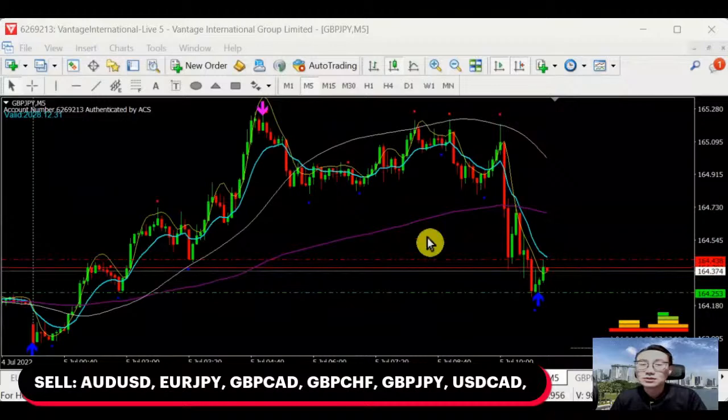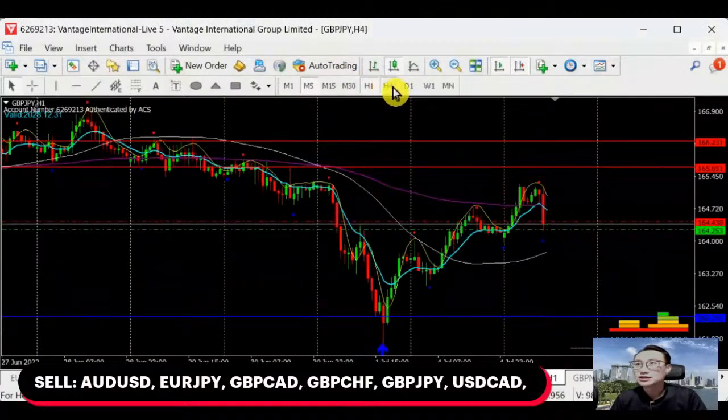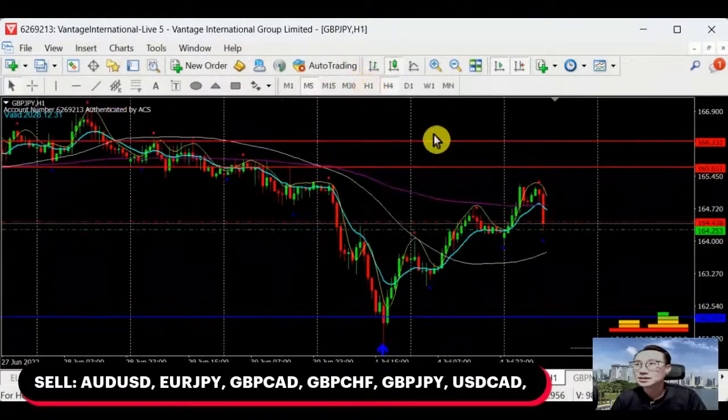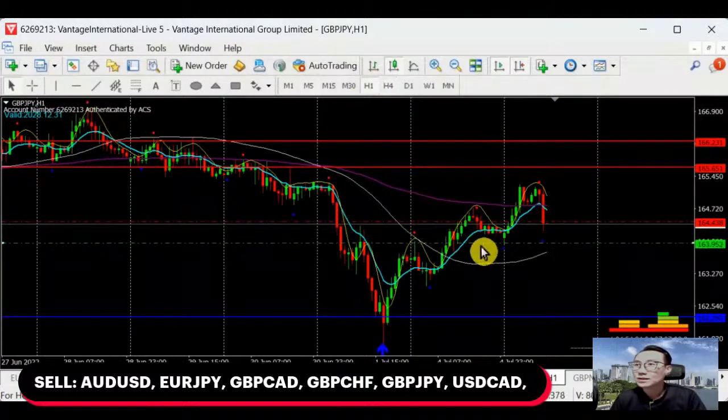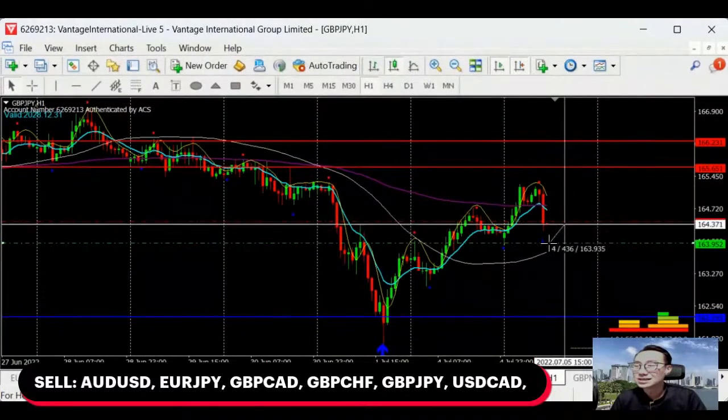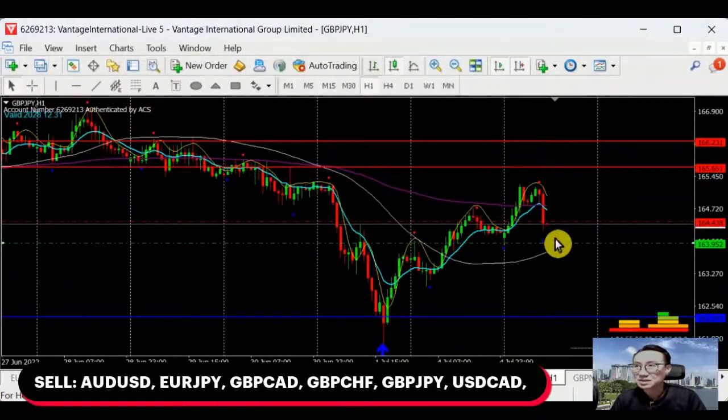Let's say H1 over here. We have one support here. From this level to this level, we have about 40 to 50 pips. But along the way, this is the destination. Remember, this is the destination. This whole area is a profitable area.